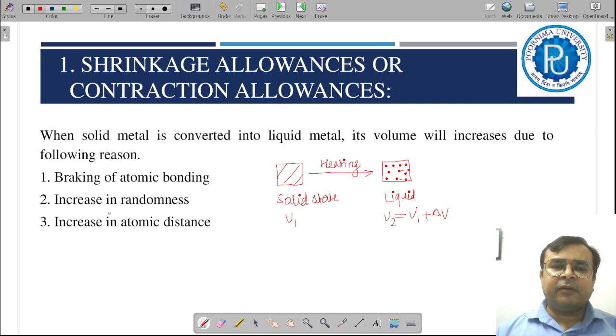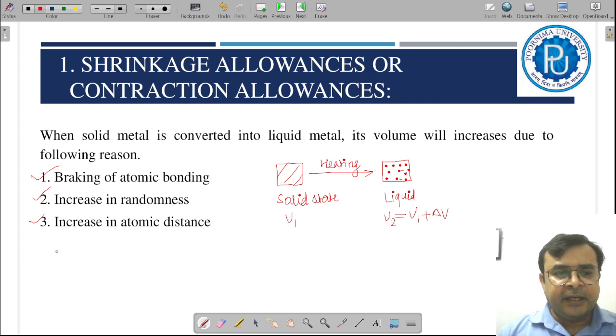Why does its volume increase? Whenever a solid metal is heated and converted into liquid metal, the breaking of atomic bonds takes place. Randomness always increases, and the atomic distance increases. Initially, in the solid state, two atoms are exactly attached to each other.